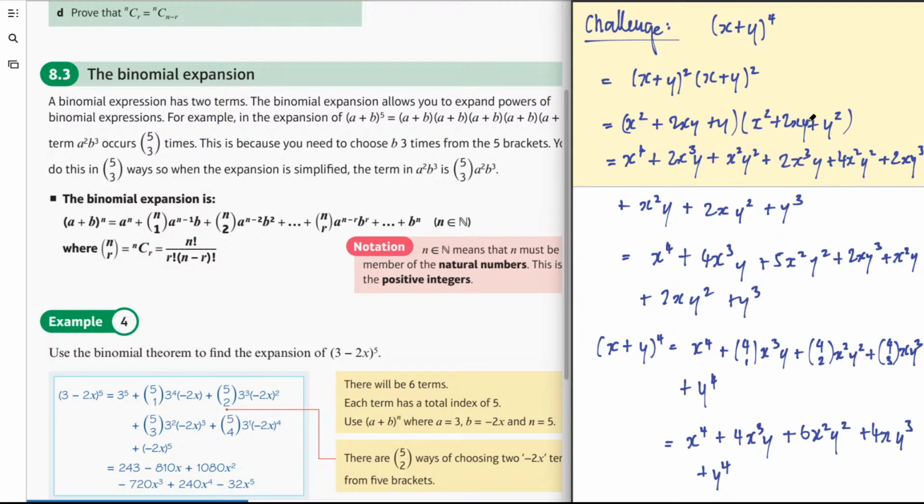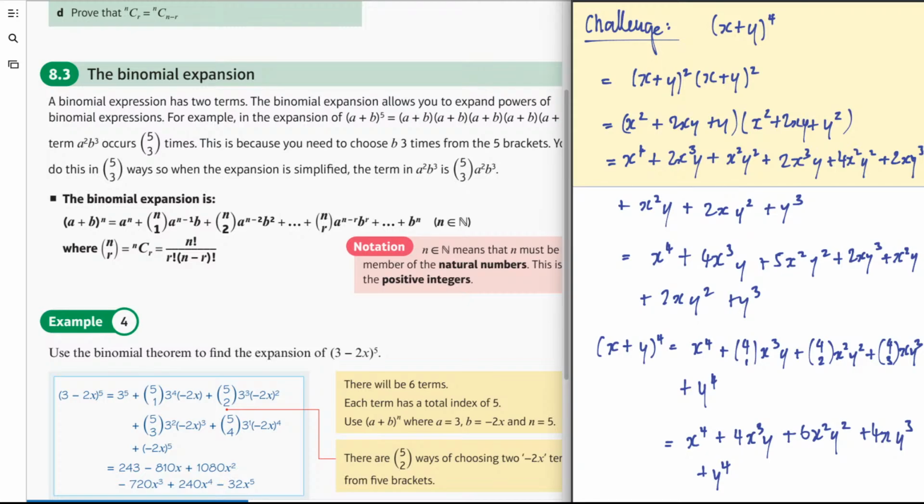I should have another x squared y squared term. Oh, this is x squared y squared.